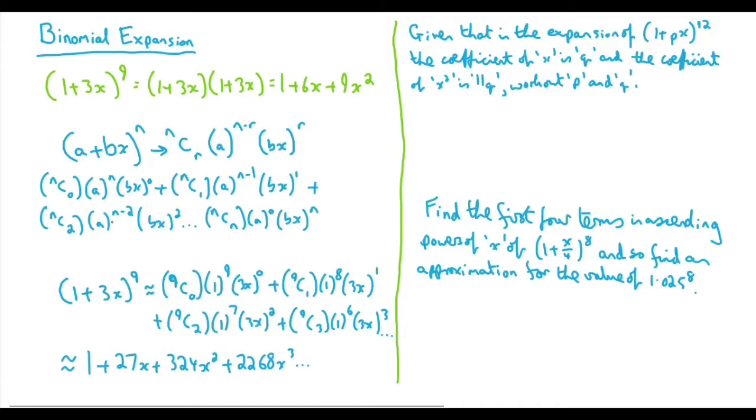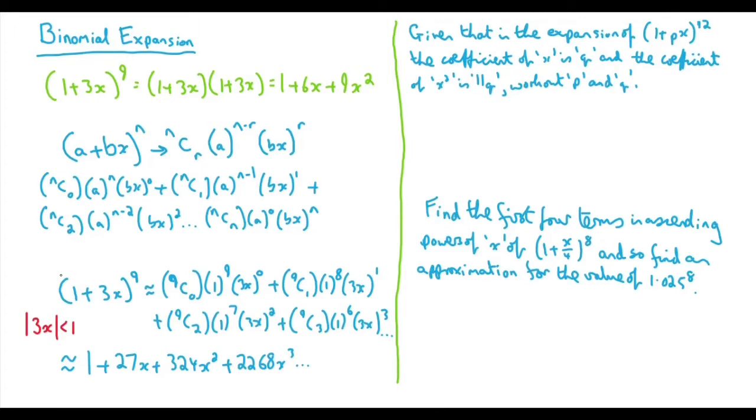Now when we come to subbing in those x values though, I'll get to that point I was alluding to before, about the x having to be within a certain range of values for this to work. If our a is 1, and in all honesty in the majority of these questions it will be, you need the modulus of your bx, in this case 3x, to be less than 1. If you're not familiar with the modulus symbol, I'd advise that you watch the video on that.